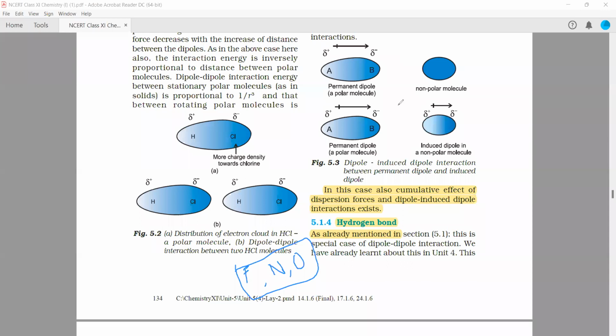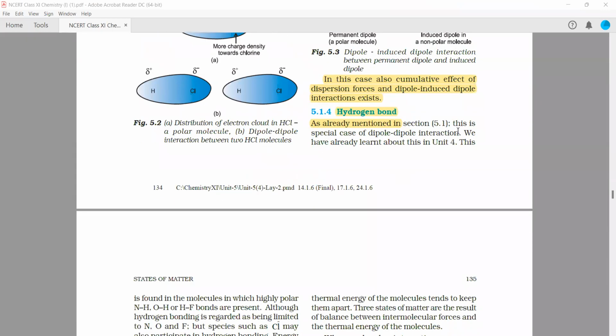So let us read. This is a special case of dipole-dipole interaction. Again, it is a type of dipole-dipole only. Hydrogen is electropositive, so it has delta positive charge. This is the hydrogen bonding interaction, and there has to be some electronegative element that will have delta negative. This hydrogen should also be with such a molecule that it will have some delta positive charge.